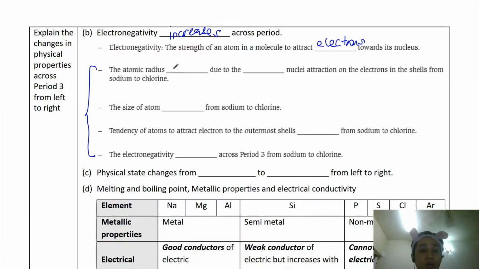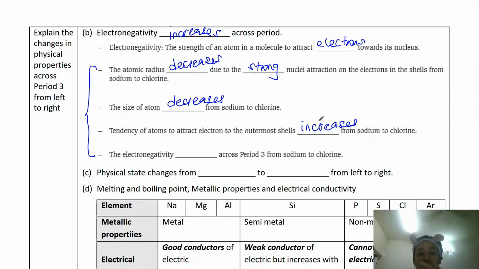Atomic radius, you always talk about size first. Atomic radius decreases because the nuclear attraction is strong. So the size of the atom decreases, so the tendency of atoms to attract electrons will increase.